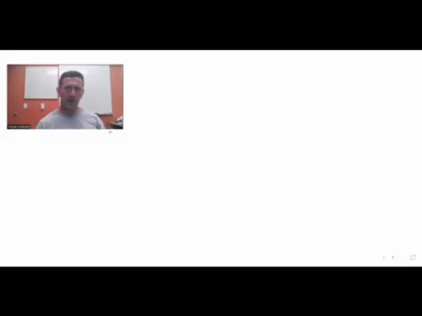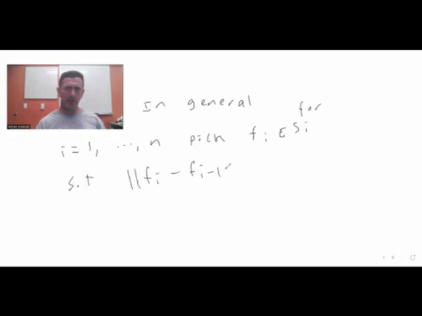So for each i, 1 through n, pick Fi in Si where the difference of Fi minus Fi minus 1 in the LP norm is less than epsilon over n.